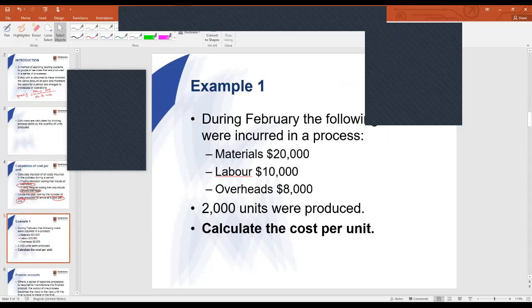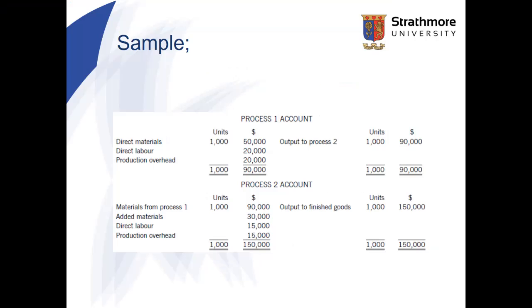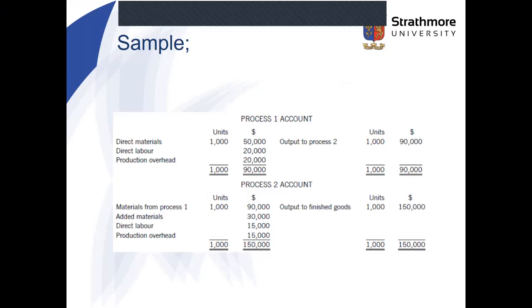I have a question here for you. What do you get with the cost here? Don't forget, it's not always guaranteed that the input should be equal to the output. You can have a case where there will be losses along the way. We shall be discussing that as time goes by. You can have an input of, for example, material of 1,000, but the output is going to be less than 1,000. It can happen because of losses along the way: there could be spillage, or evaporation in case the commodity does evaporate.